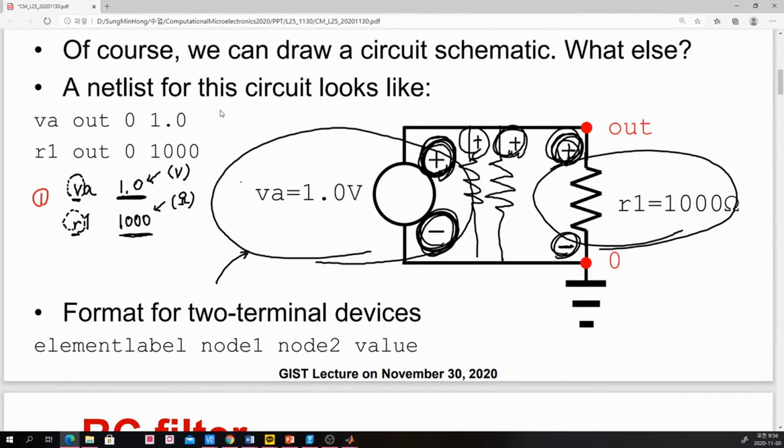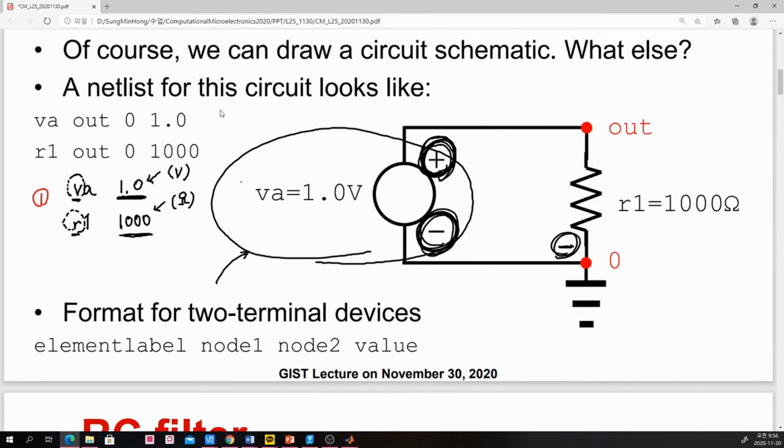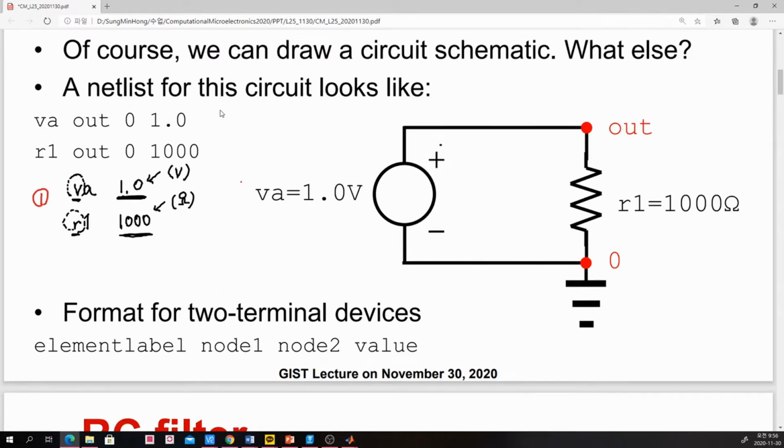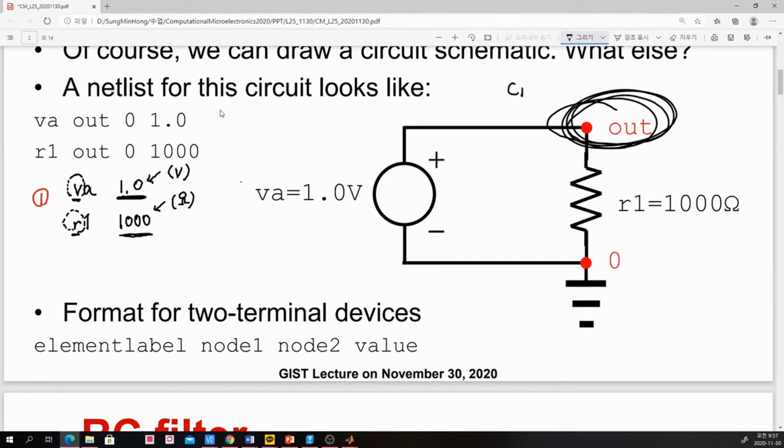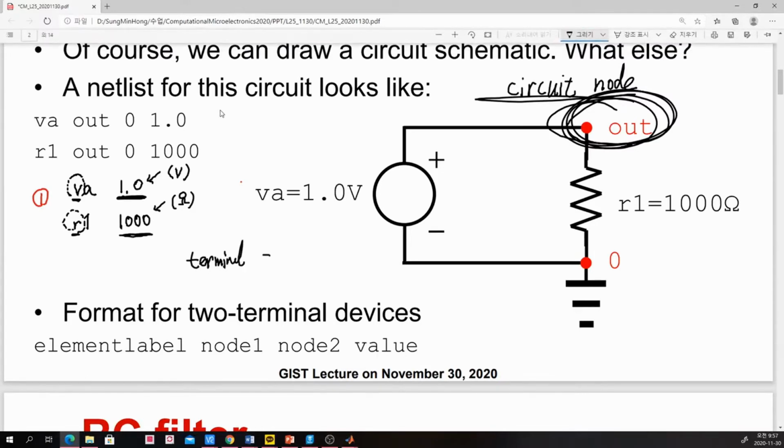Instead of that, just concentrate on your current device, your current voltage source. Then, instead of specifying all connected terminals, just think about your connected circuit node. I think that is the point. So the connectivity in principle should be regarded as a terminal to terminal relation.